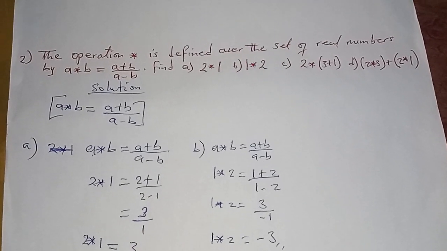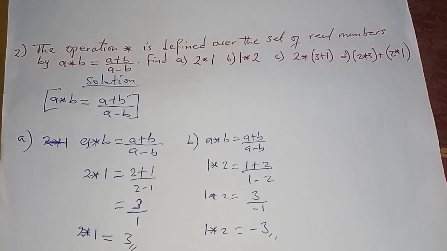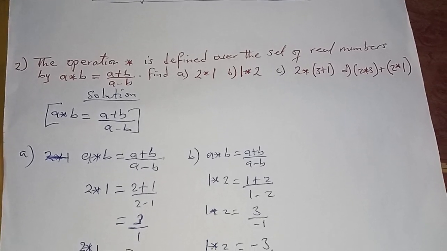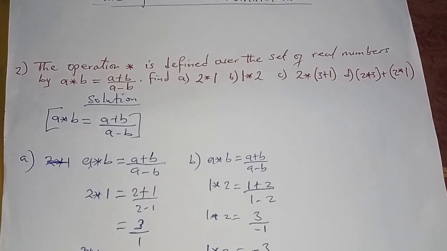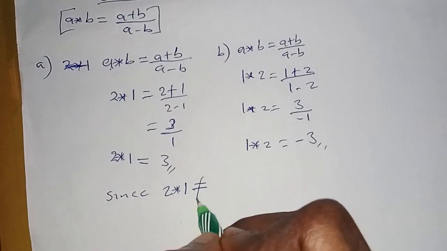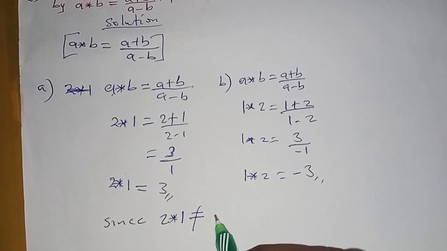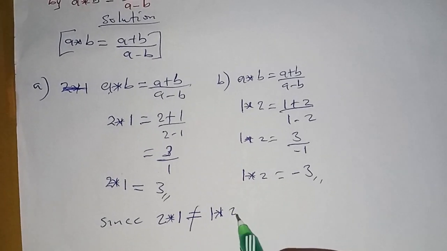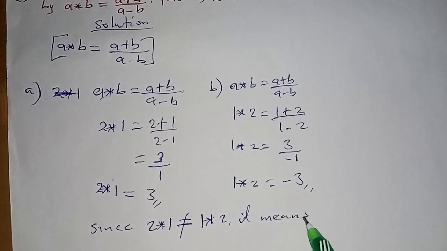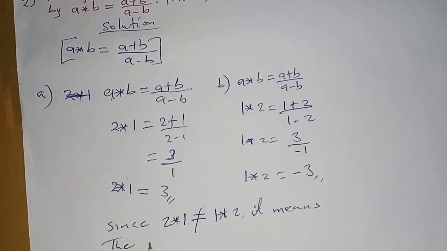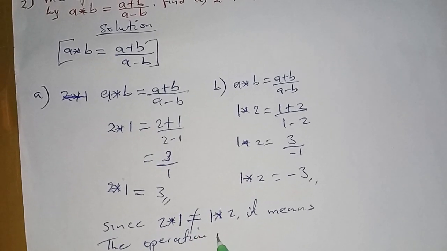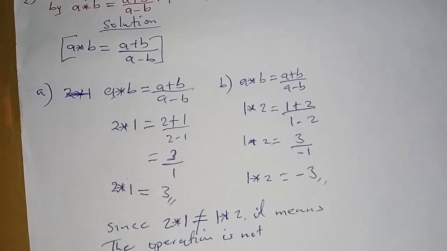So we notice that these two answers, we know fully well that since 2 operate with 1 is not equal to 1 operate with 2, it means the operation is not commutative, right?